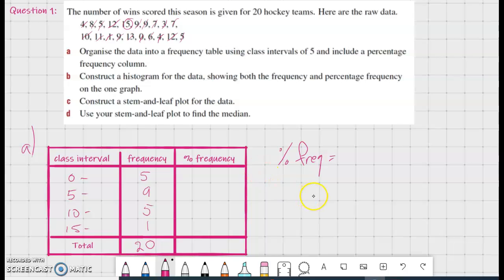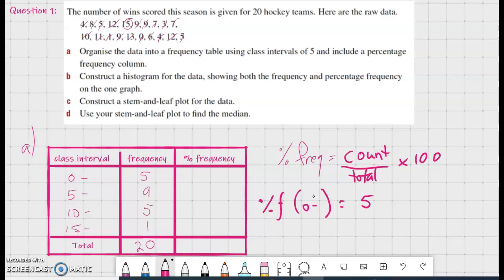This is percentage frequency, and you work it out by taking the count for that row, dividing it by the total number of scores, and multiplying it by 100. So let us say we want to find the percentage frequency for that class interval, 0 to 4.